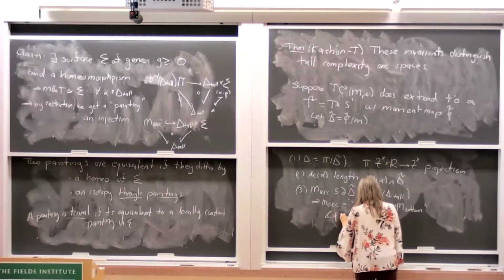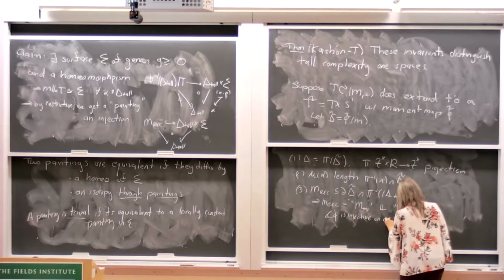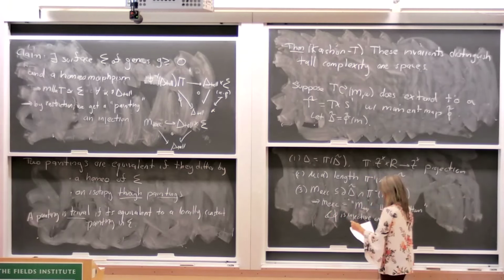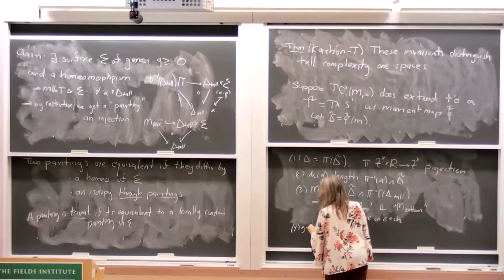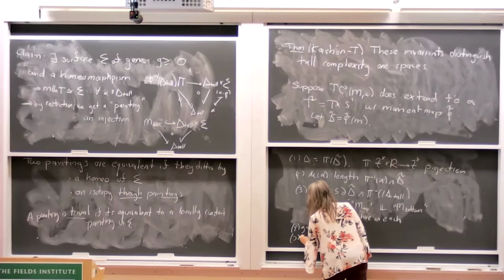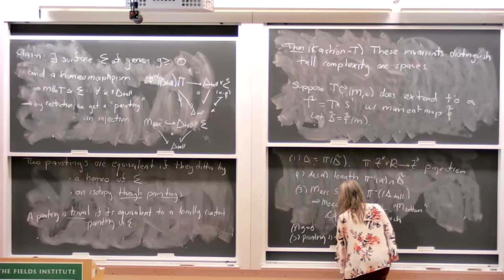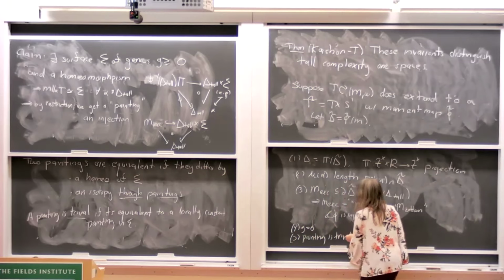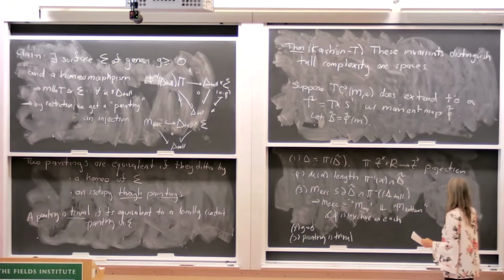And phi is injective on each. And you can finally read that G is 0 and the painting is trivial. And this is all quite easy if you are happy with all the definitions.